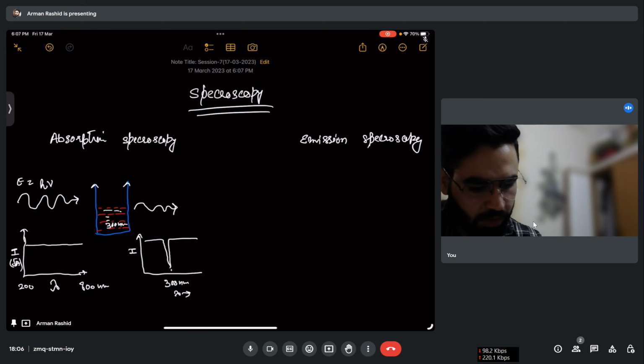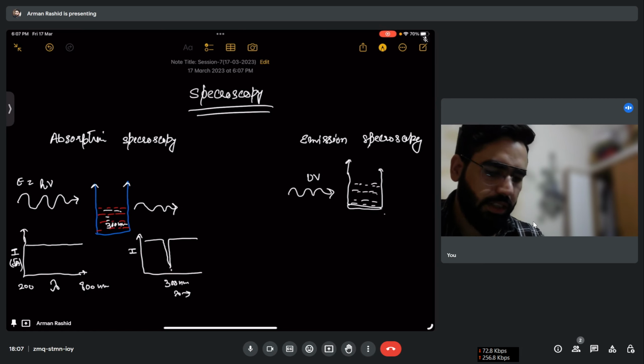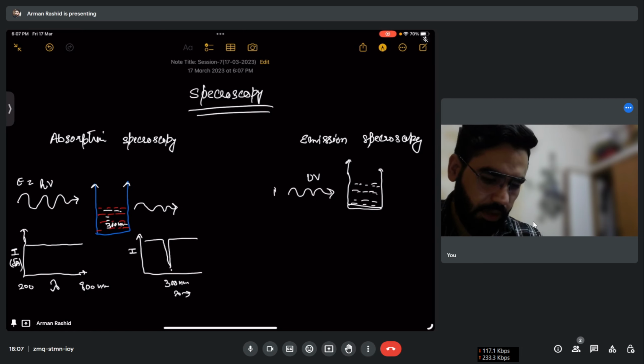In case of an emission spectroscopy, we give a light. For example, we give a UV light to our substrate that is present here. Once we give it a UV light, some amount will be absorbed, but this is our first step. The second step is we have to remove the light.